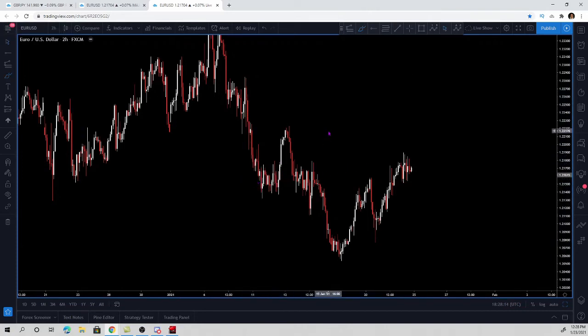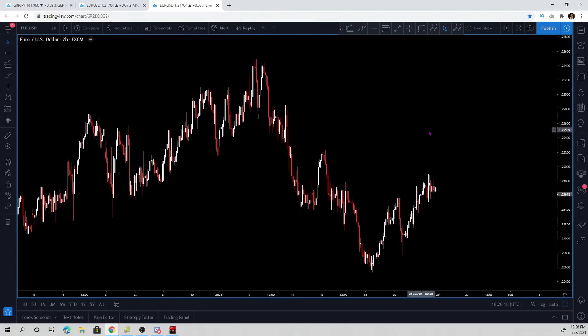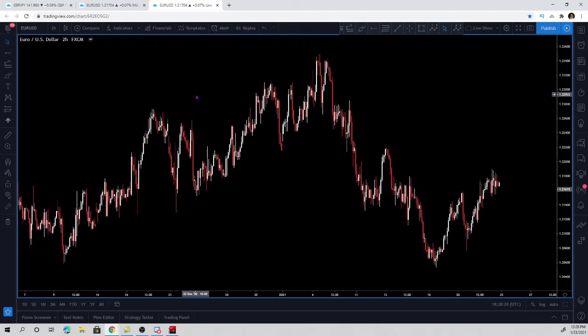That's tip number 3. Tip number 4, do not use a lot of indicators. In my case, I don't use any indicator at all. Why? Because I think that, well, volume profile is an indicator. I don't use indicators because I think indicators lack.